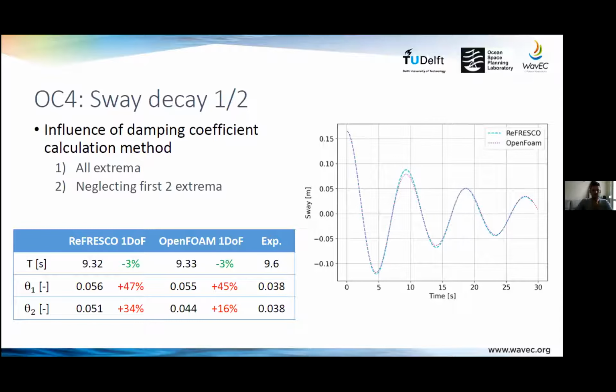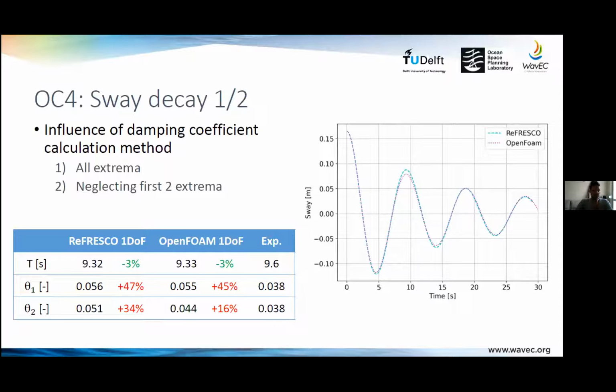But then if we compare with the natural period and the damping coefficients from the experiment, we can see, yes, the natural period looks good within a deviation of 3%, but the linear damping coefficient is very far off from what we would have expected from the experimental value.